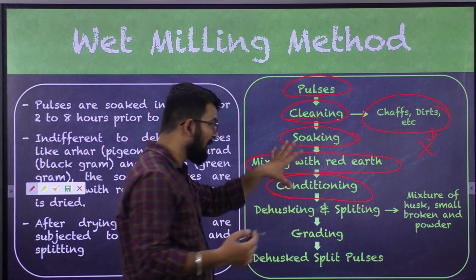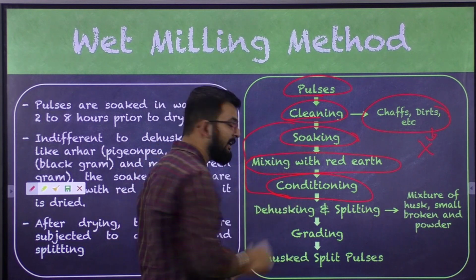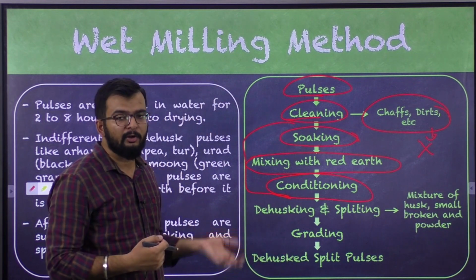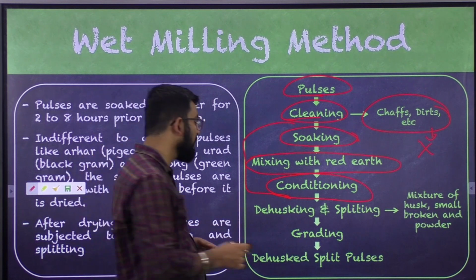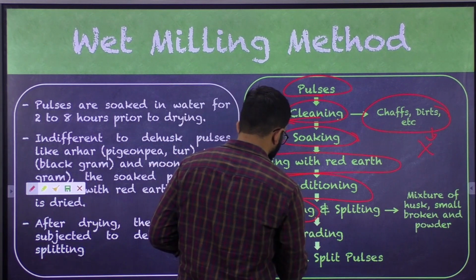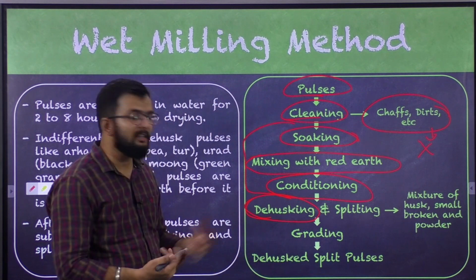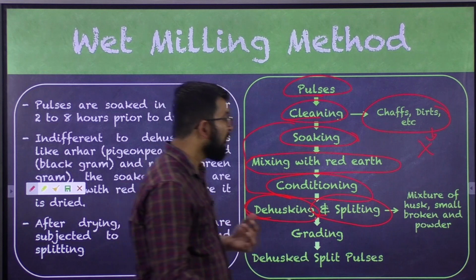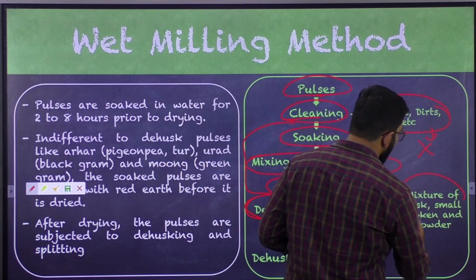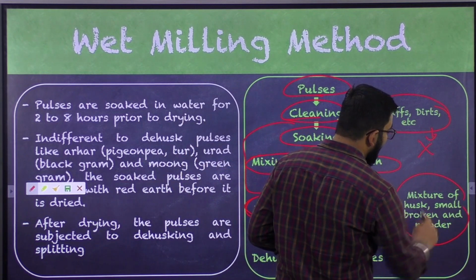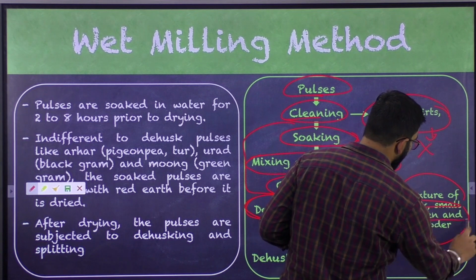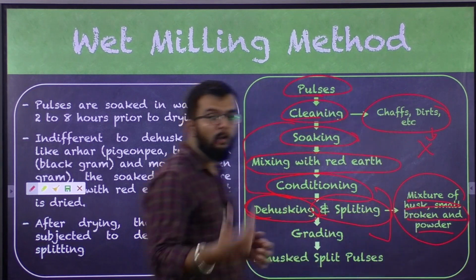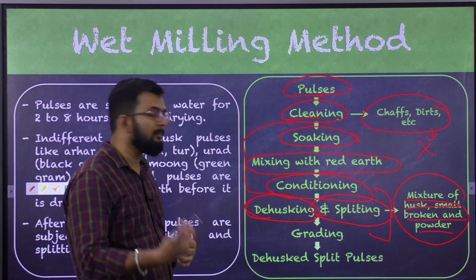So after this operation has been completed, your hull or husk will be loosened and will be easy to remove under the process of dehusking. After dehusking has been done, we go for splitting of the cotyledons into two. After this operation, you will get a mixture of husk, small broken and powder, and also whole pulses which have not been completely milled.